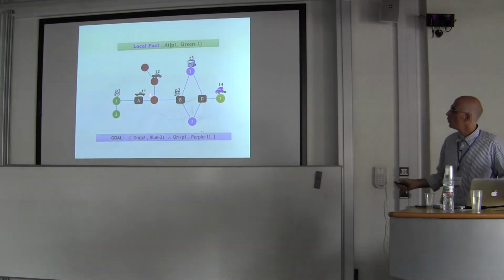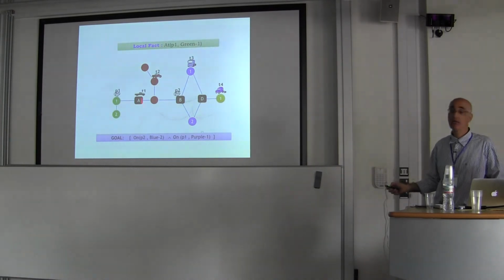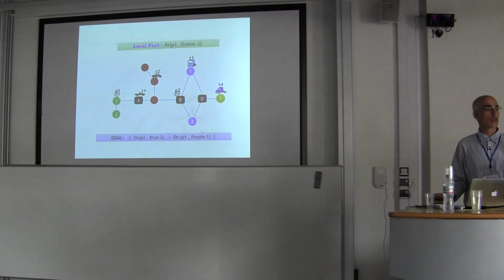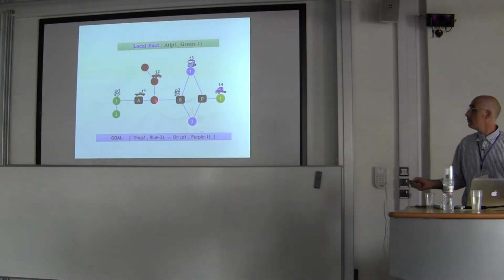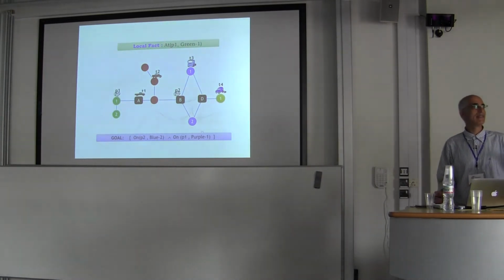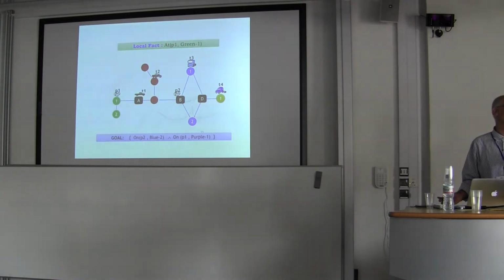Yes, and also package 1 at red 1 is a local fact to agent T2, because only agent T2 can access location 1, and therefore the proposition is private to that agent because only it can impact it, only it can change its value. More basically, it's the only agent that has this fact in the description of its actions.